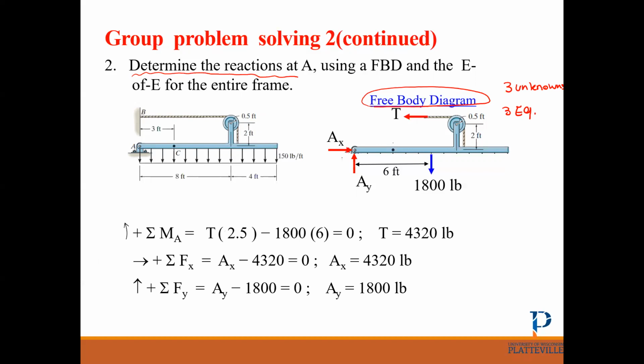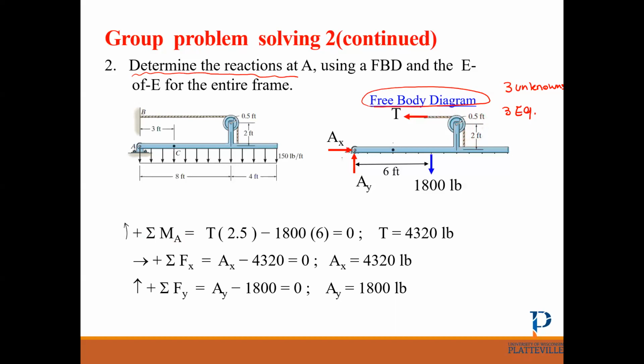All right, let's see how you solve the problem. First, you need to find a good point to take the moment. A is a good point because 2 forces go through A, so I take the moment about A. So T multiplied by the perpendicular distance from A. What is the perpendicular distance?